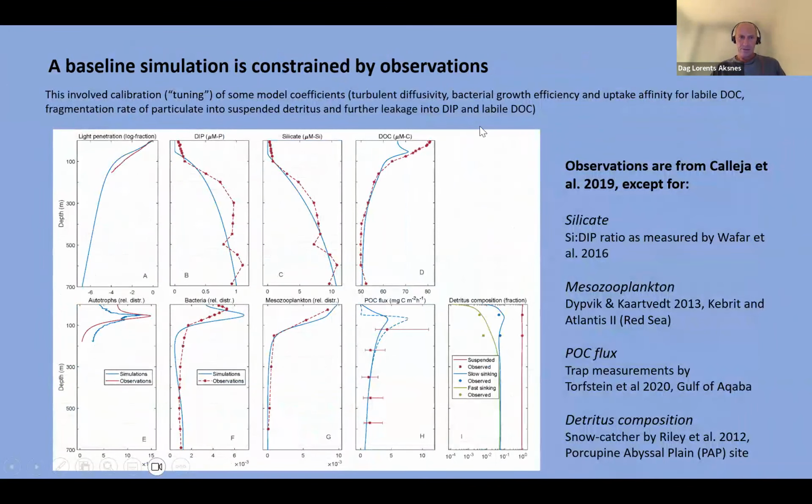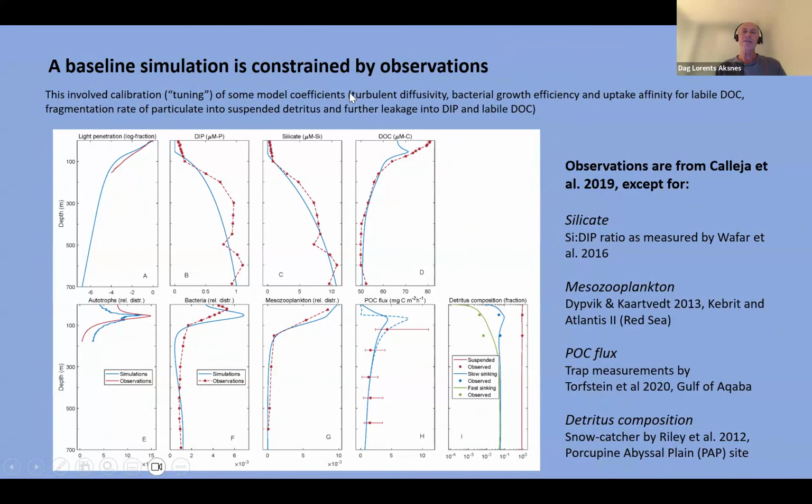Okay. Then we made a baseline simulation, which actually is constrained by the observations from the Red Sea. Such a constraint by the observations involves what you can call calibration or tuning of some of the coefficients, which is not done automatically, but by intuition, you can actually say.